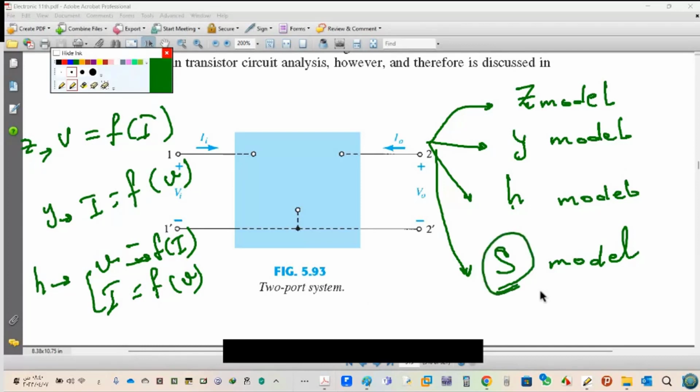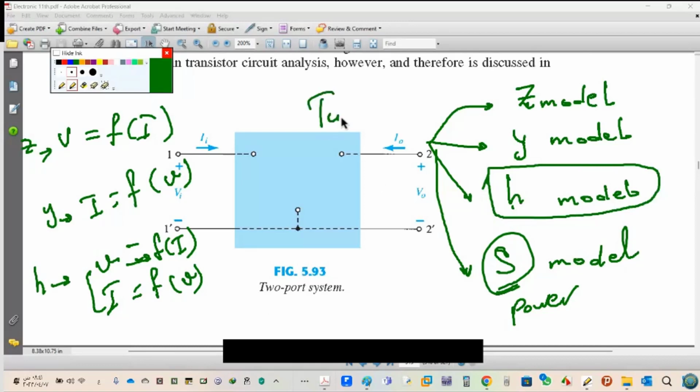We use the S model for power, usually for high voltage and high frequency. In our study, we'll focus on the hybrid model. So for two-port models, we have four models. The Z model is V as a function of I, Y is I as a function of V, and in hybrid we have both.